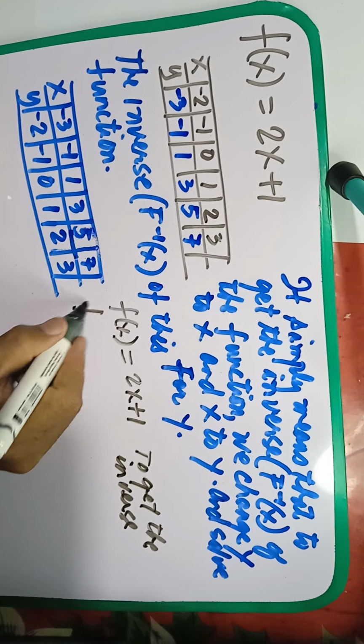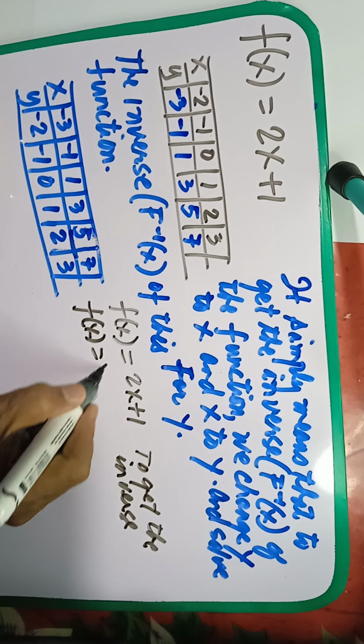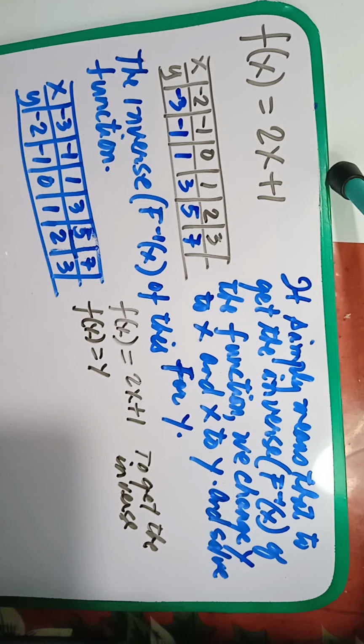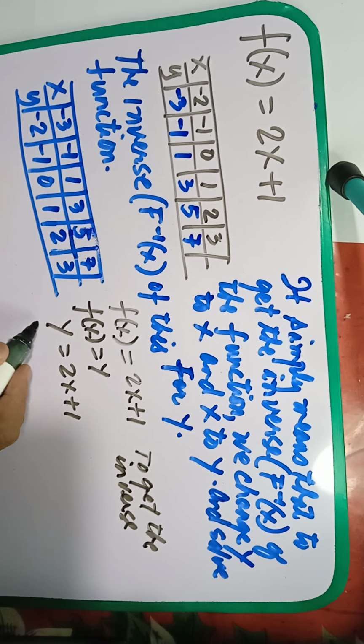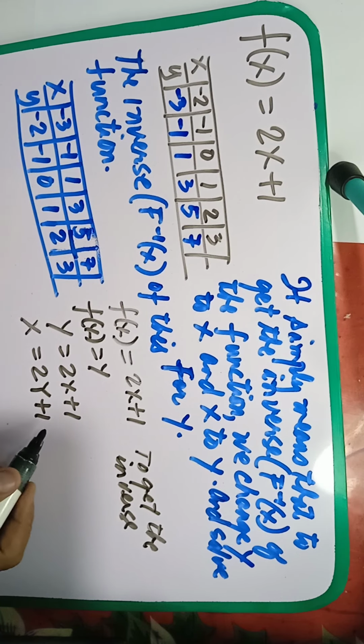But f of x equals y. Therefore, y equals 2x plus 1. We change y to x and x to y, plus 1.